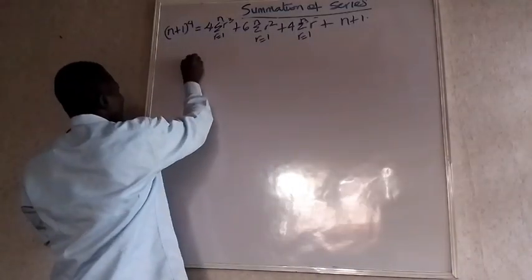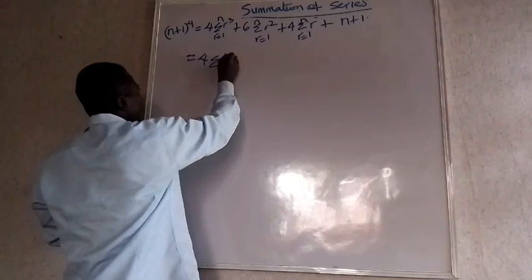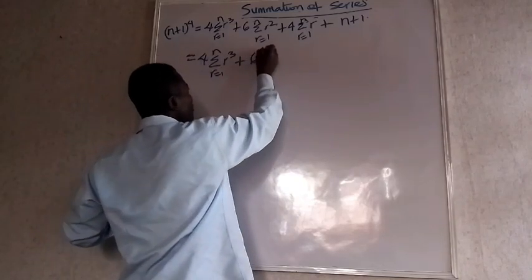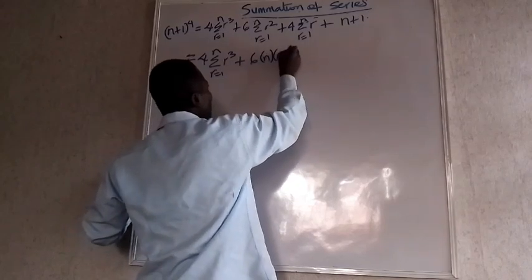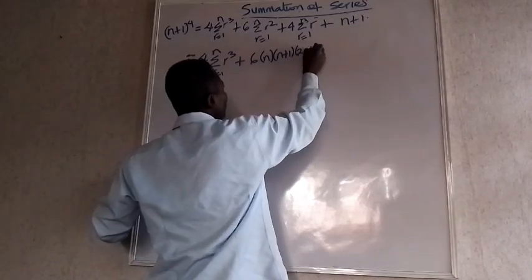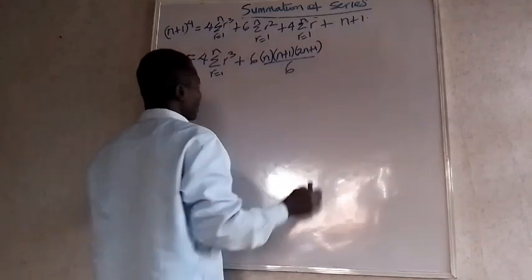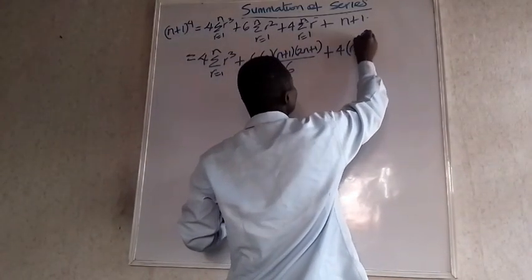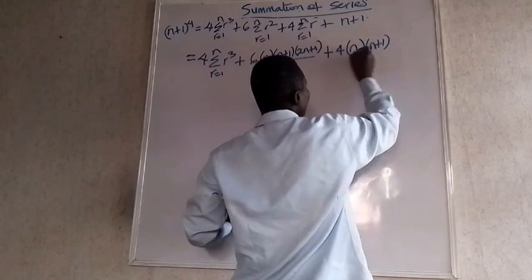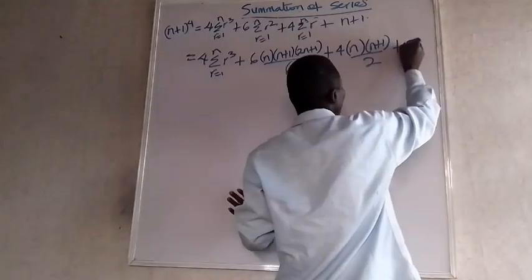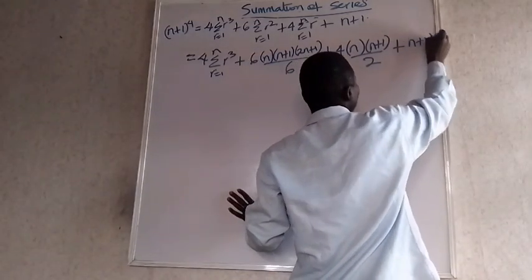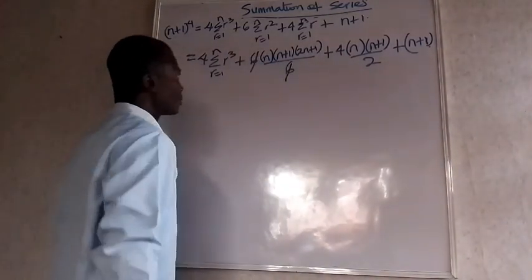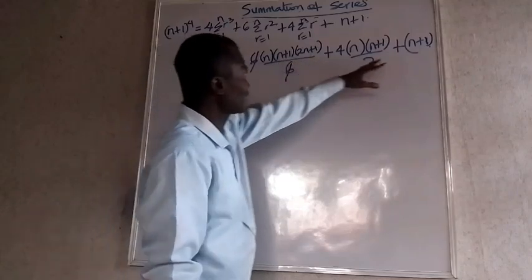We can think further by saying 4 summation r cubed, r equals 1 to n, plus 6 into n plus 1, 2n plus 1 over 6, here, plus 4 into n plus 1 over 2, plus n plus 1. You can see. So, we have this out. We can still factorize this.